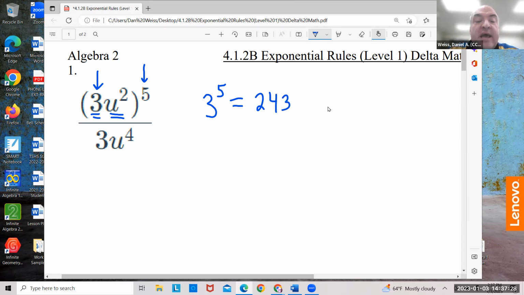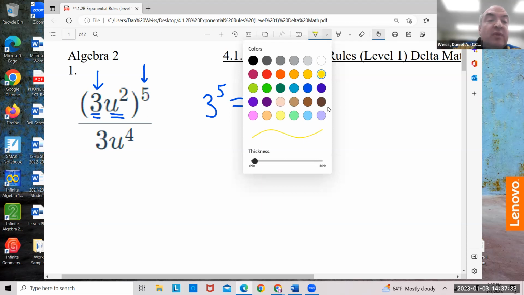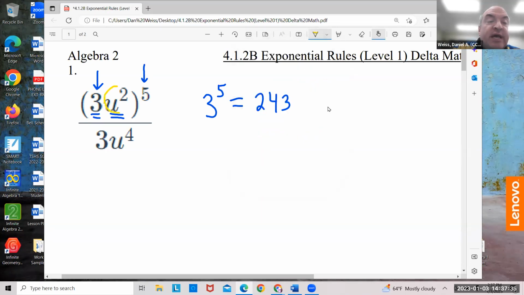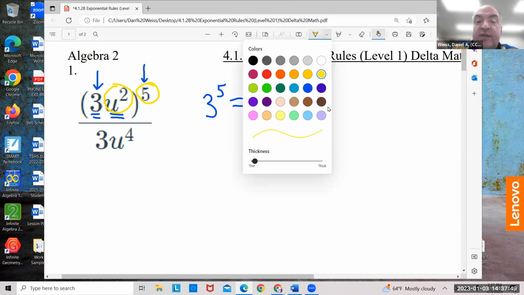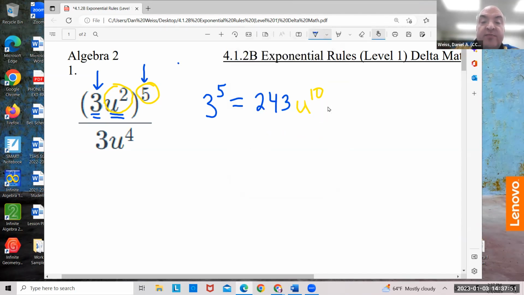Okay, and now I'm going to do this part, this u to the second to the fifth power. U to the second to the fifth, all you got to do is 2 times 5, and that makes u to the 10th. And I'm going to put that over 3u to the fourth.